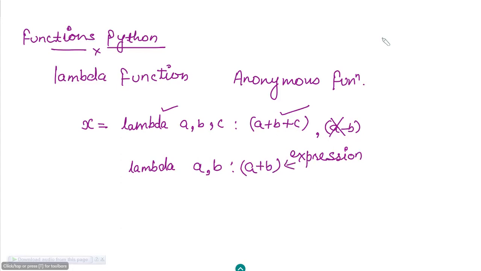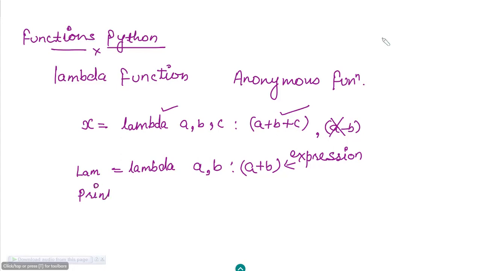Now store the value of the lambda function into a variable lam. Lam is nothing, just a variable name, which means lambda function. So lam is a function. Now pass the argument.